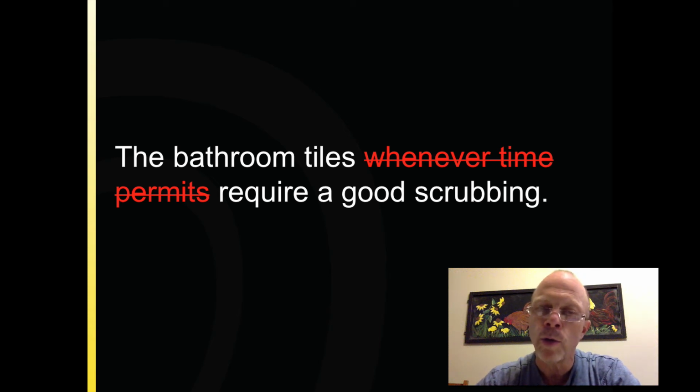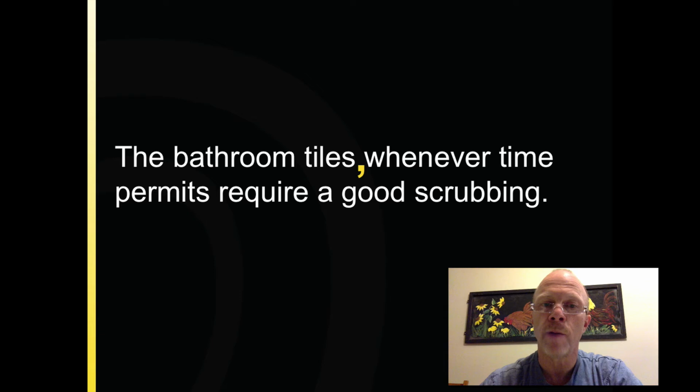This is a really important one to see on the ACT English section. They'll put some phrases like this relative pronoun phrase in between the subject and the verb to see if you know how to match the subject and the verb. Since this is an aside, a parenthetical phrase, I need to set it off with commas on each side like this. The bathroom tiles, whenever time permits, require a good scrubbing.